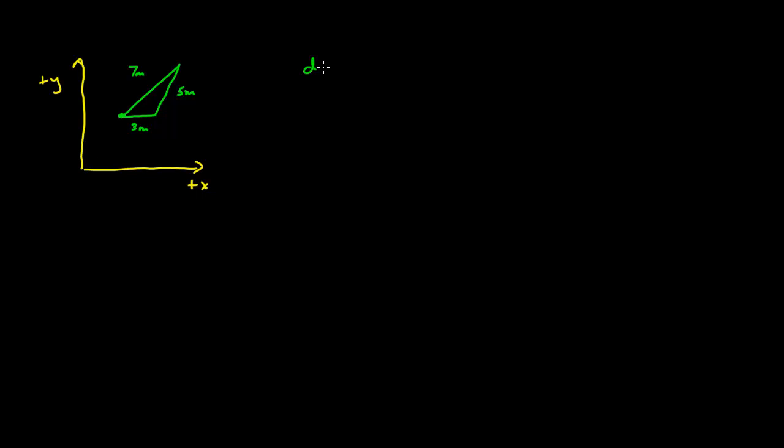So what is the difference between distance and displacement? The distance is the total length traveled. First it traveled 7 meters, then 5 meters, then 3 meters, for a total of 15 meters.